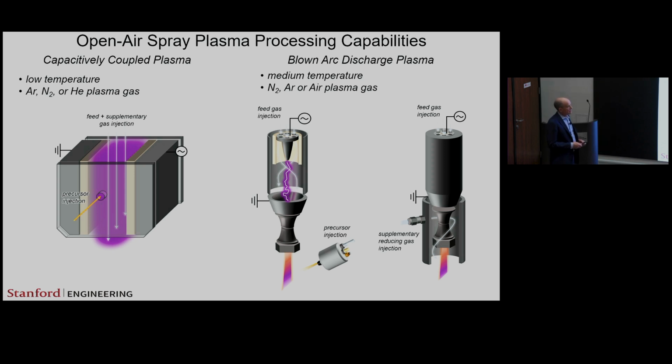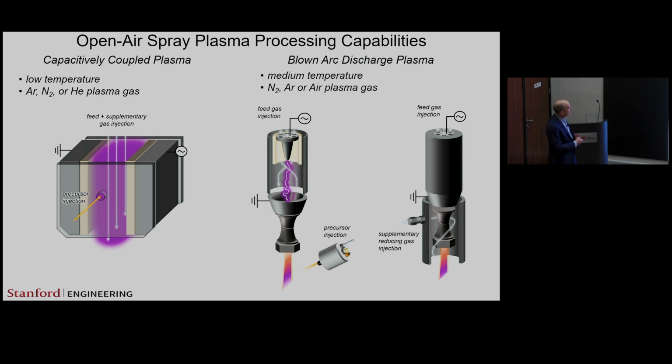Okay, so let me say something a little bit about the plasma systems that we use. These are all open air plasmas. They're not in chambers, and they're jet plasmas. So we either use a capacitively coupled system or blown arc discharge plasmas to produce a plasma and then have a plasma jet, which has all of the plasma species in it, emerge from the bottom of the jet.